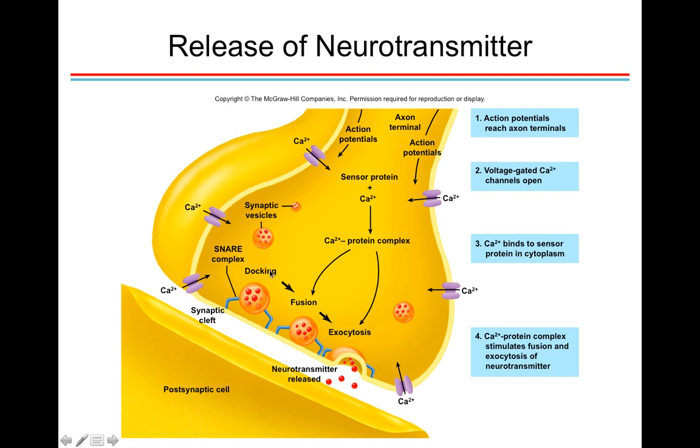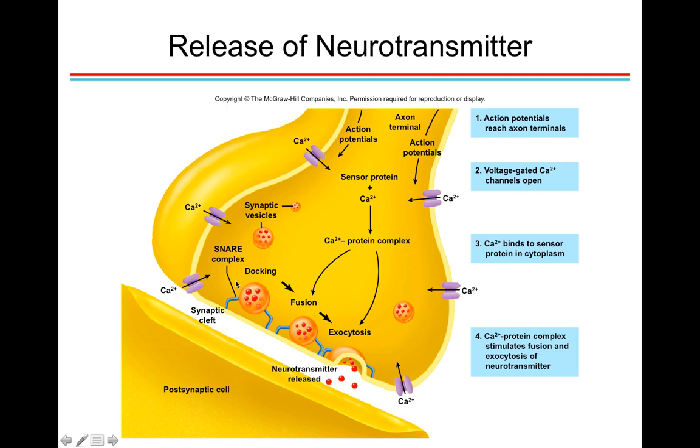Okay? Calcium is going to bind to a special protein. Basically, this calcium complexing with this special protein called synaptotagmin is going to lead to the exocytosis of these vesicles. So here's the vesicle containing neurotransmitter.